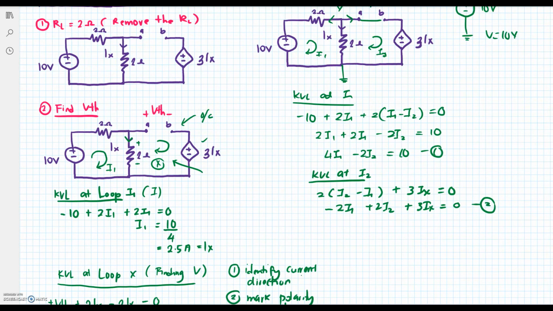And then the constraint equation will be, what is Ix? So Ix is I1 minus I2. We arrange these equations: I1 minus I2 minus Ix equal to 0.